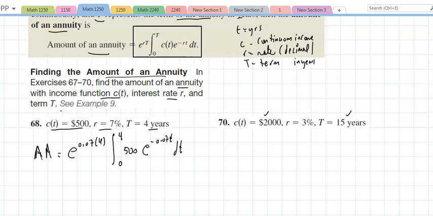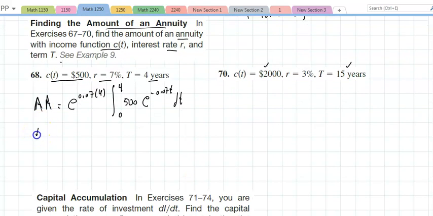And if I work this out, let's see how this works. The annuity amount would be, well, this is a constant. You could drag that up front. You could do that every time. Yes, you could. That's times, right? The integral from 0 to 4 of e to the negative 0.07t. Annuity amount would be, the 500 is a constant.